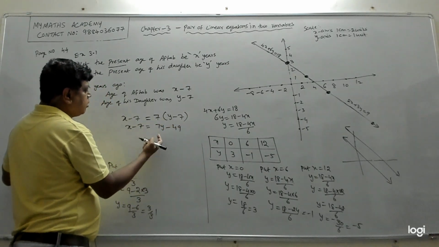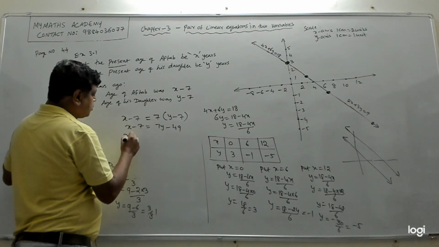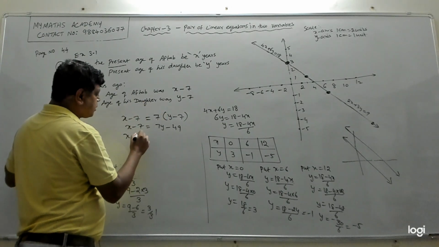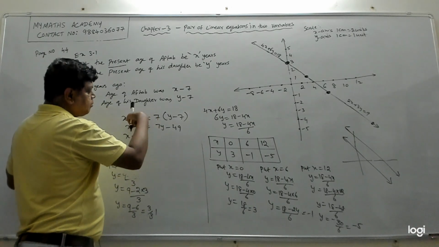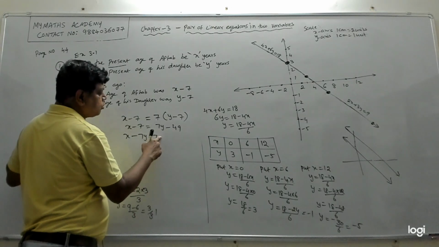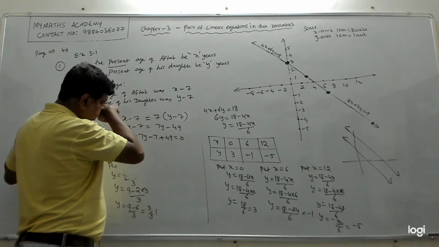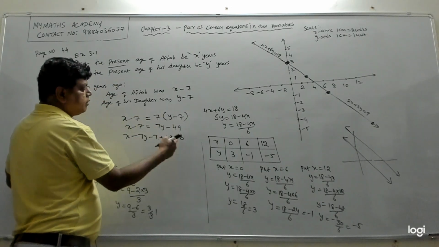Now we'll bring all the variables to one side, numbers to the other side, or you can bring everything to one side, it doesn't matter. If I bring everything to one side, 7Y comes here and becomes minus 7Y. This minus 7 is here only. I'm bringing this 49 also to this side, it becomes plus 49 equal to 0. If I bring everything to this side, the right side becomes 0.